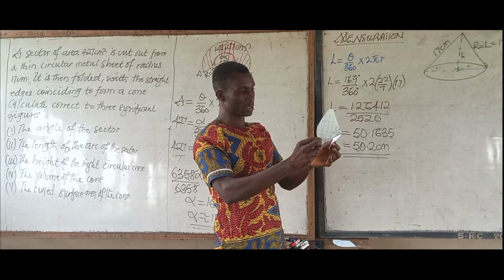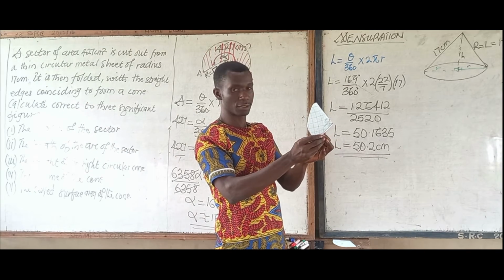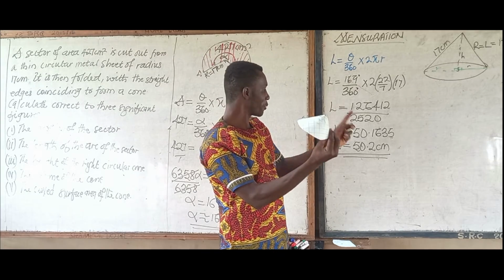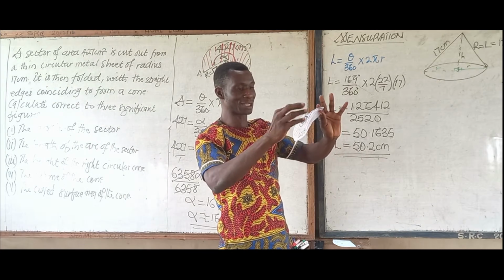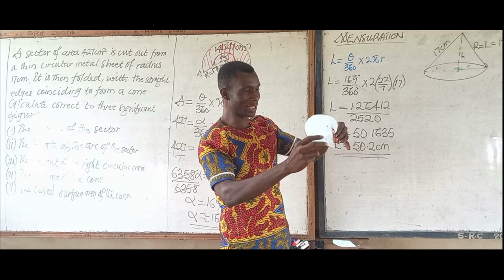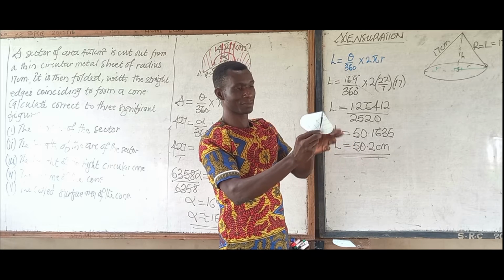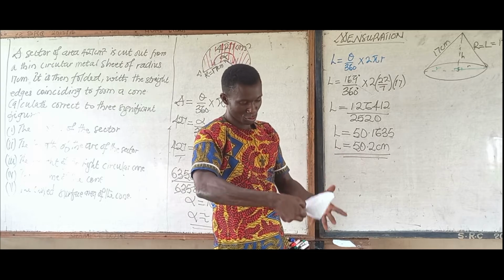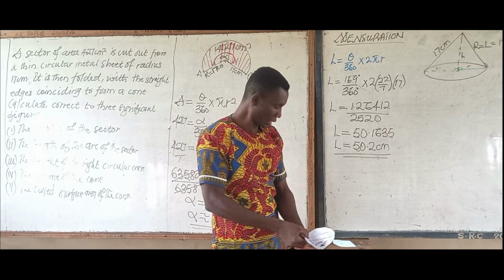If you fold it, you see that it has become the base. That arc, which we calculated the length of, has become the circumference of the base when I fold it. I want you to understand. And this is a cone, like a funnel.